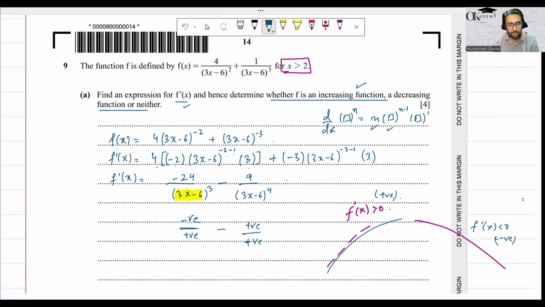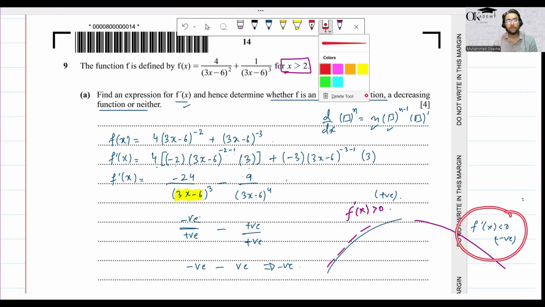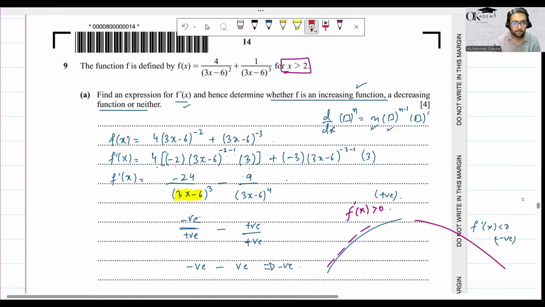Negative over positive is negative, and negative minus negative is altogether negative. So the derivative is going to be negative no matter what. If the derivative is negative throughout consistently, then the function is a decreasing function.